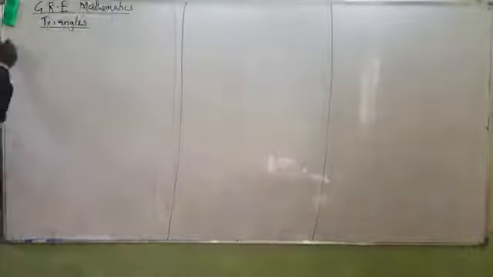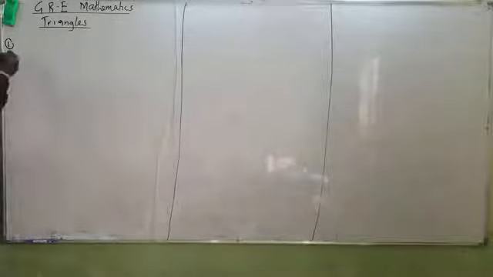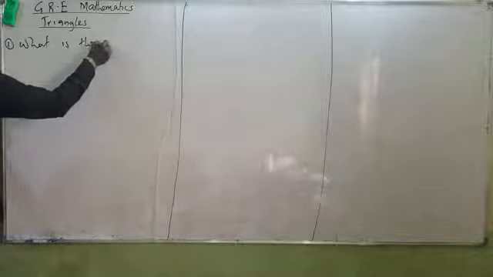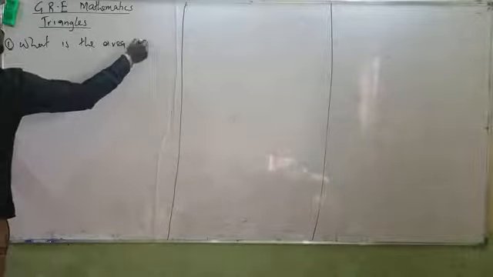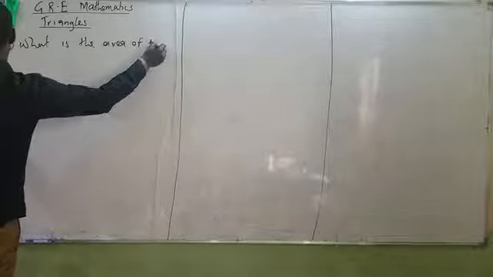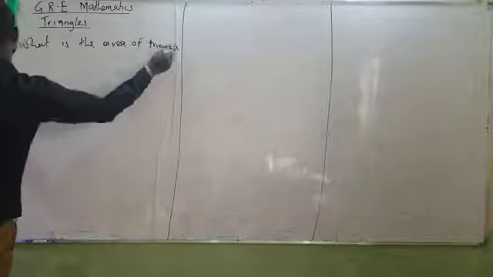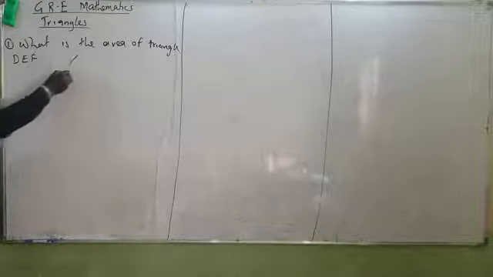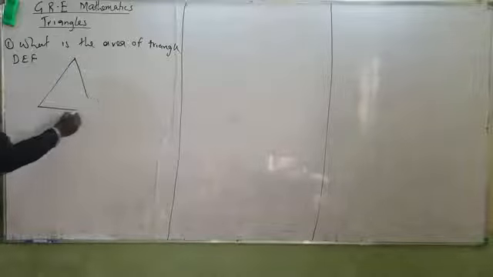The first question, which is question number 1, says: what is the area of triangle DEF? Now look at the triangle DEF. This is the triangle.